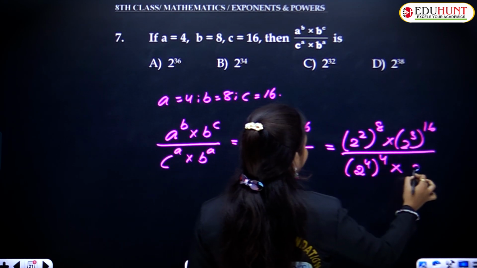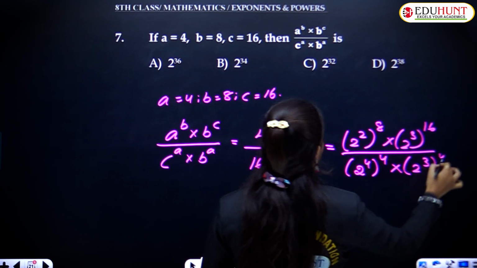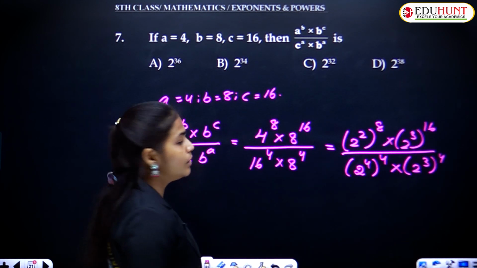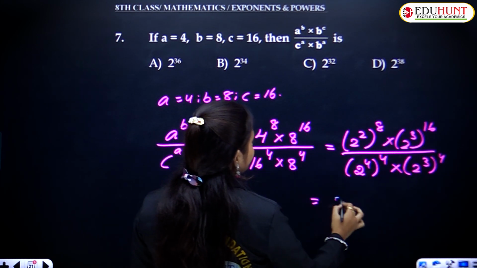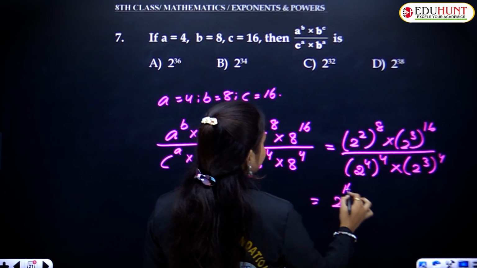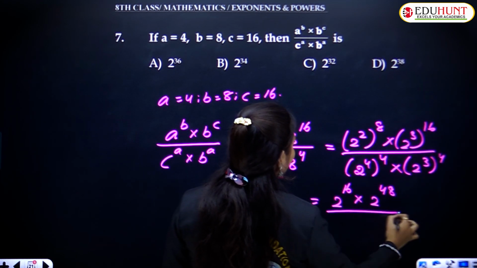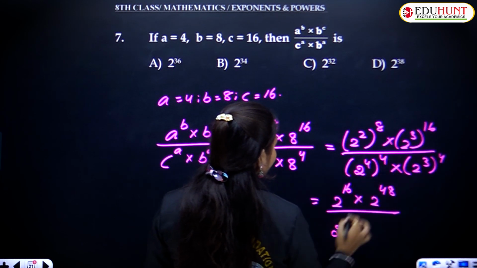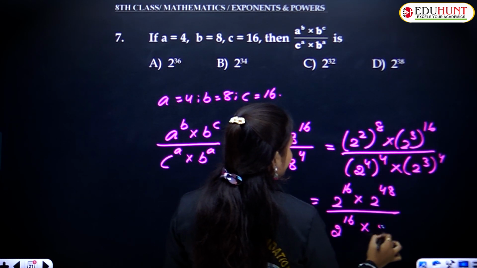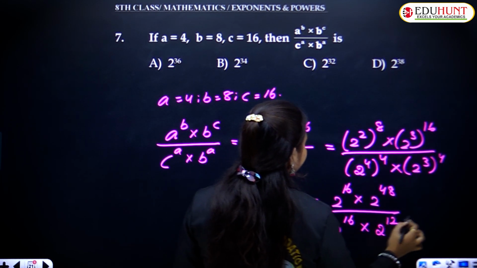Into 8, we can write it as 2 cube whole power 4. So 2 power 8 times 16 into 2 power 3 times 16, 48, whole by 2 power 4 times 4, 16, into 2 power 3 times 4, 12.